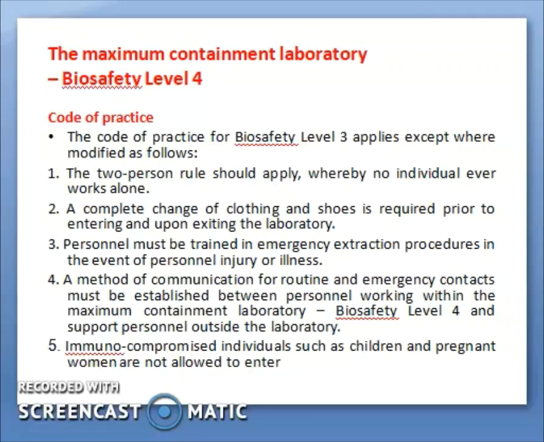A method of communication for routine and emergency contacts must be established between personnel working within the maximum containment lab and support personnel outside the lab. Immunocompromised individuals such as children and pregnant women are not allowed to enter.